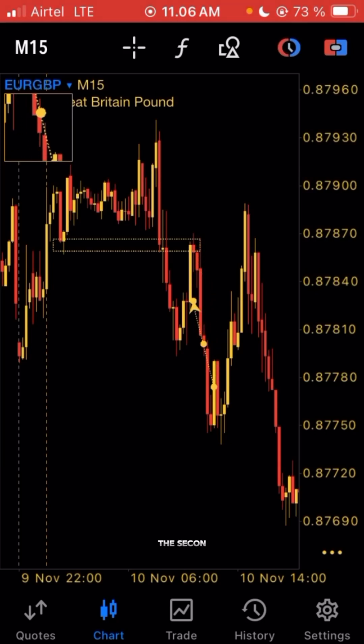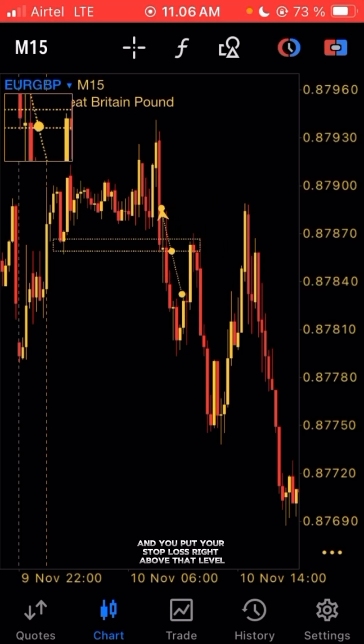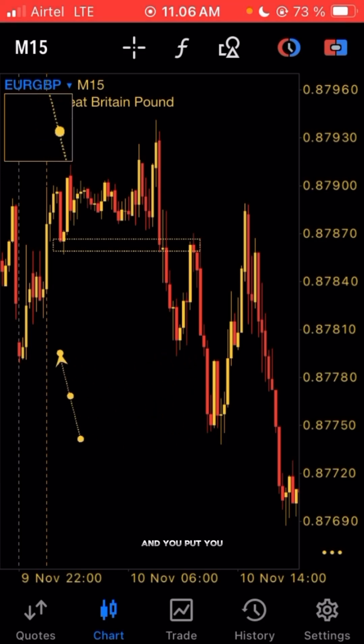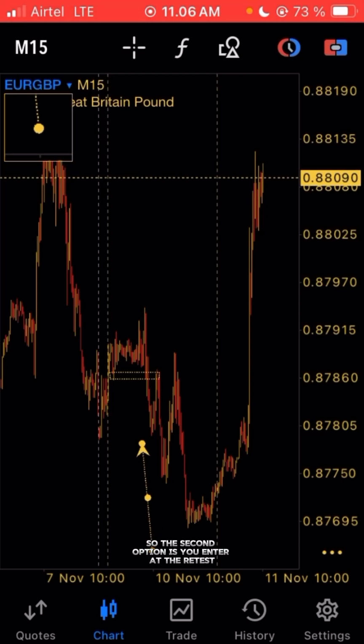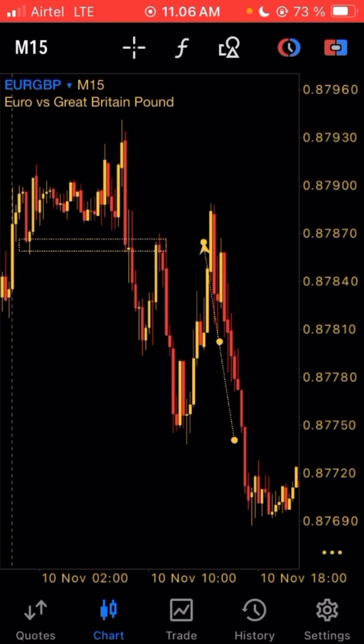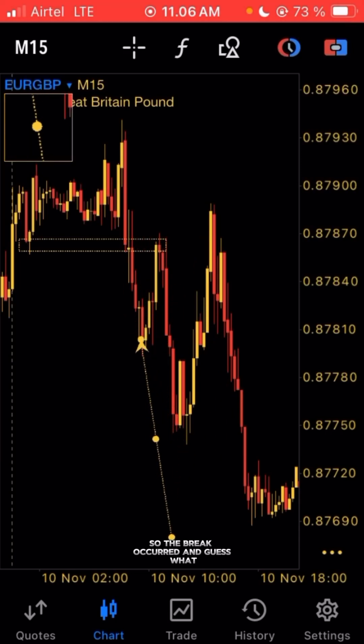The second option is to wait for a retest. Now, after the break, you wait for the market to come back to that zone. So I'm using this as an example. So this is the first scenario. You enter here and you put your stop loss right above that level, and you put your TP targeting the lows, right? So the second option is you enter at the retest. So the break occurred, and guess what?